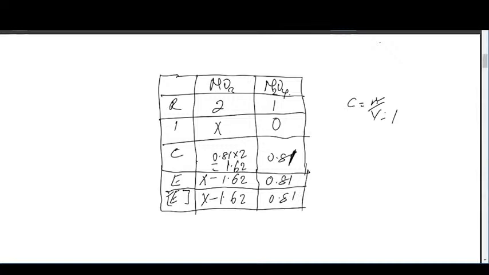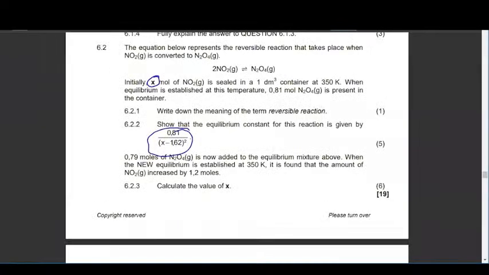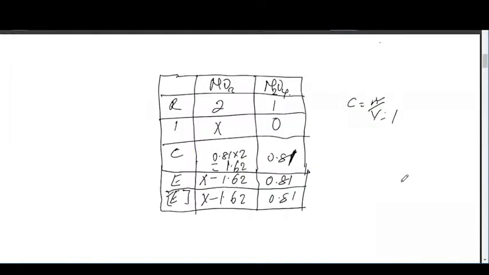Then now, they're asking you to write the Kc. Kc is the product over the reactant, both of them are gases. Therefore, I'm going to say Kc is equal to the product, which is 0.81 divided by x minus 1.62. But remember, this is 2, the number of moles is 2, so we power it to 2.